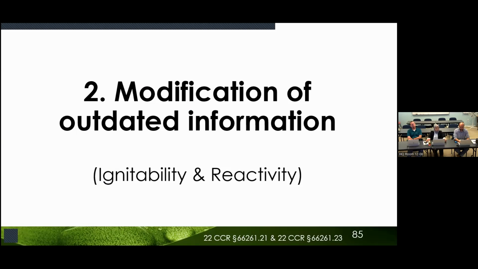This is especially true in the sections related to ignitability and reactivity criteria, where some subsections still contain references to older or obsolete information. One of the examples is the 4 additional notes at the end of the ignitability criteria, which is codified in Title 22, Section 66261.21. These notes are outdated or unnecessary to understanding the regulations.